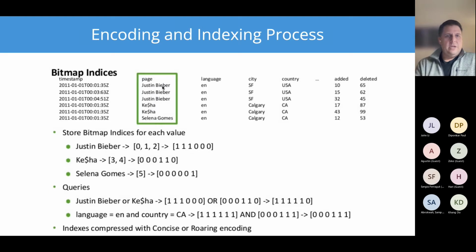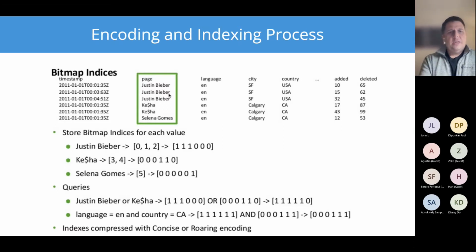So now we're looking at artists here, Justin Bieber, Kesha and Selena Gomez. The table up top is what we would expect to see if I did select star from the table. But we want to store these in bitmap indexes because one, they're really fast, two, they're compressed, and three, guess what? They're numbers. Again, we convert everything to a number, and we work really fast on numbers.